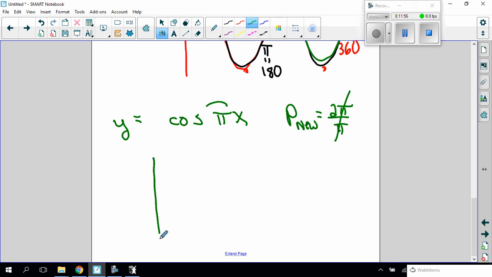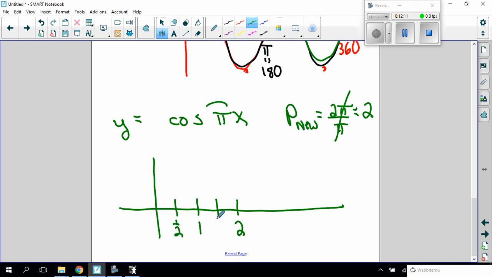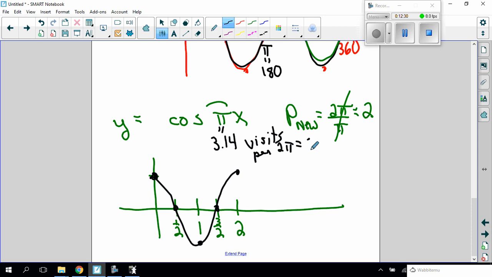So cosine 1, 2, 3, 4 has 1 cycle and 2 units. And cosine starts up and ends the same. Now, it says it's 3.14 visits per 2 pi, which equals 6.28.